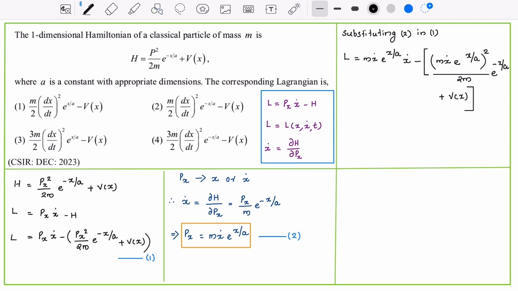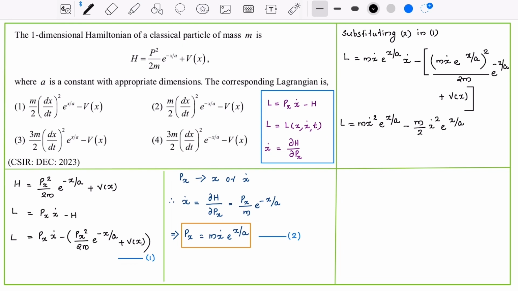Let us simplify the expression for the Lagrangian. Then L is equal to m x dot squared e raised to x by a minus, if you take the square and divide by 2m, it becomes m by 2 x dot squared, times e raised to 2x by a into e raised to minus x by a.